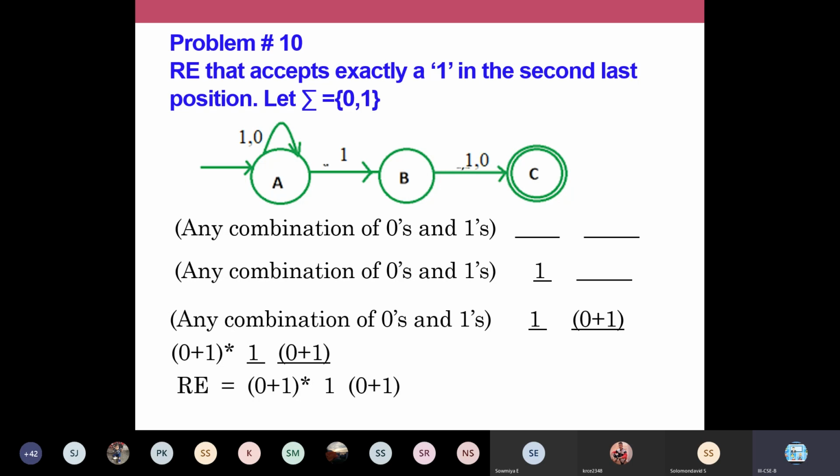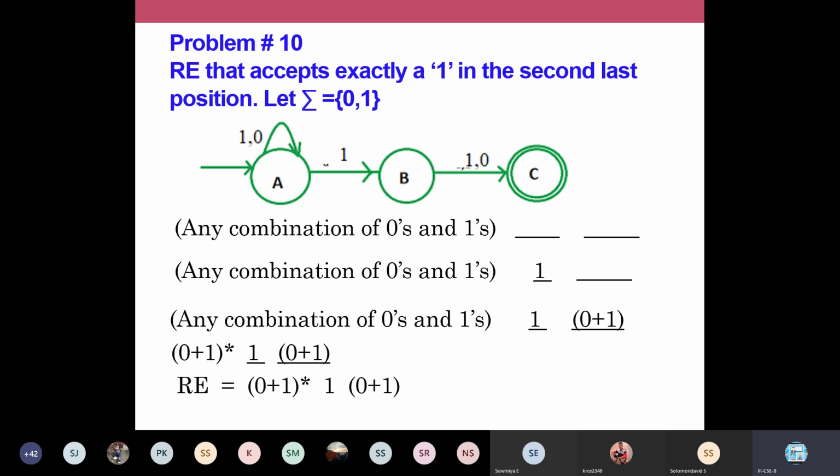If you put a star, it will do repetition. But if I want only one symbol to occur in that position, which might be either a 0 or 1, you have to write 0+1. Understand? 0+1 denotes either 0 or 1. So the last position of your string can be either a 0 or 1, therefore we have written it as 0+1.